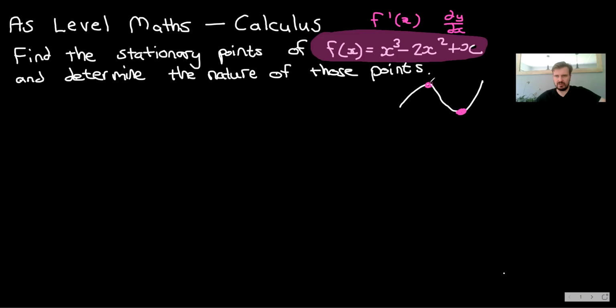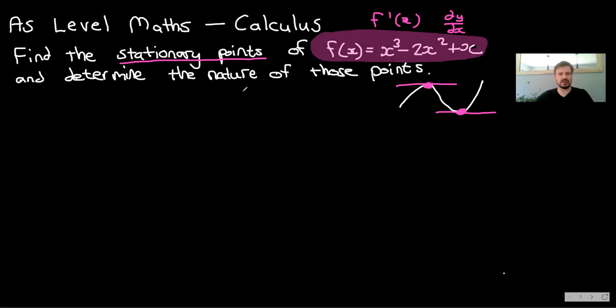There's your max and your min. And so those are where your f dash of x is 0, because there's no slope. If we were to do a tangent, there would be no slope. So as soon as you hear stationary points, you know we have to find the derivative and make it equal to 0.